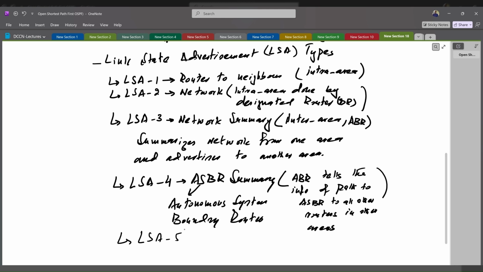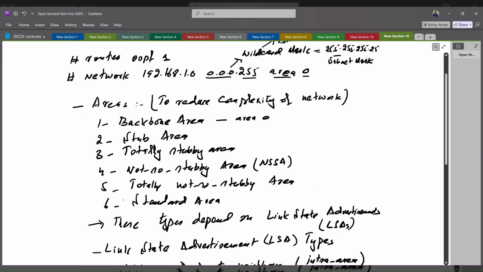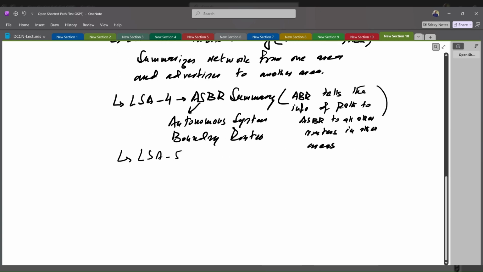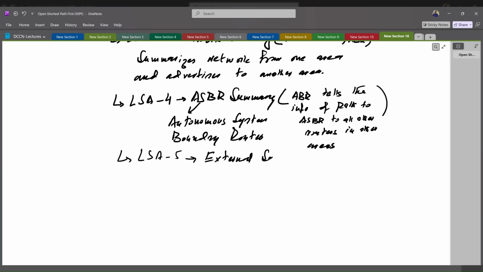LSA 5 is known as external summary. External summary means it advertises routes from outside the OSPF autonomous system. For example, there's a path that we have learned from any other network inside our network.